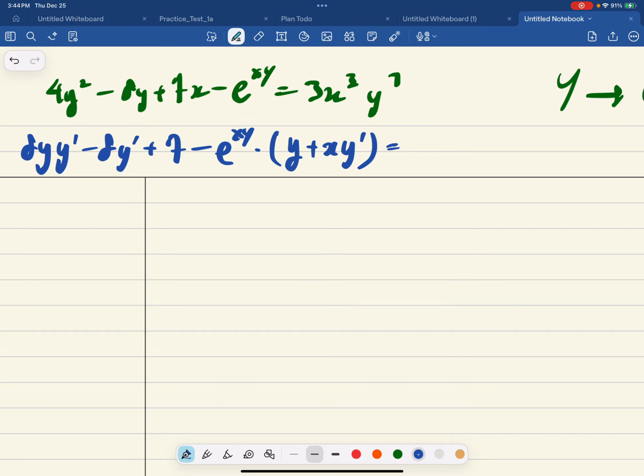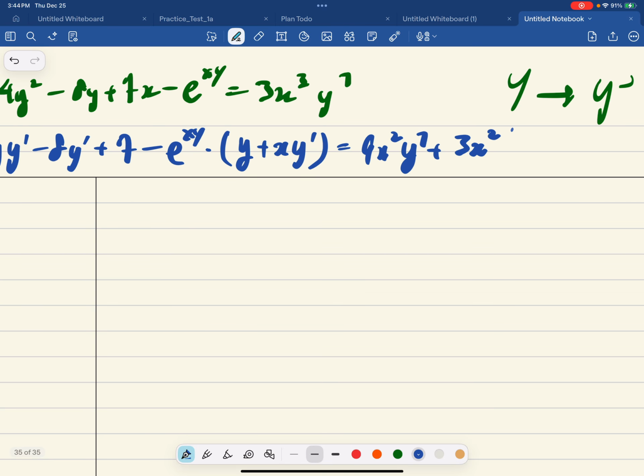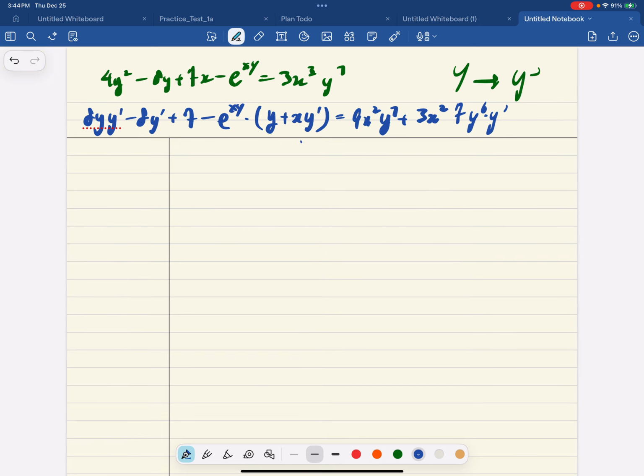is equal to, keep going, 9x to the 2 times y to the 7 plus the original 3x to the 3 times 7y to the 6 times y prime. And what you want to do is isolate y prime, and there's y prime a little bit everywhere.